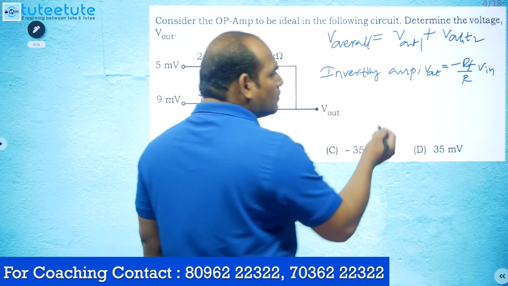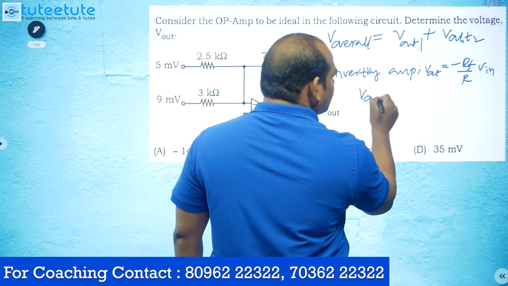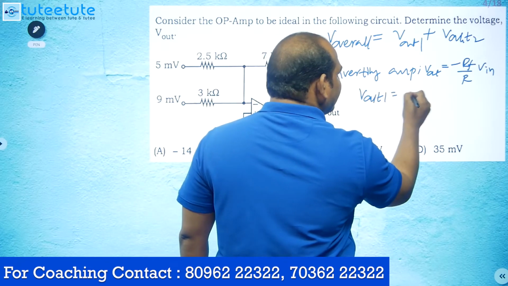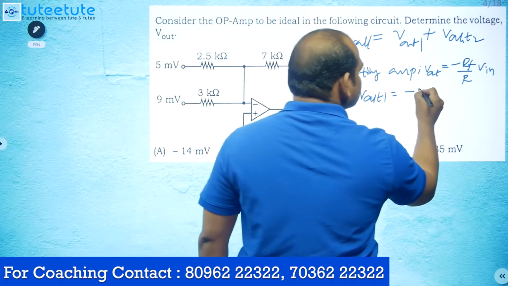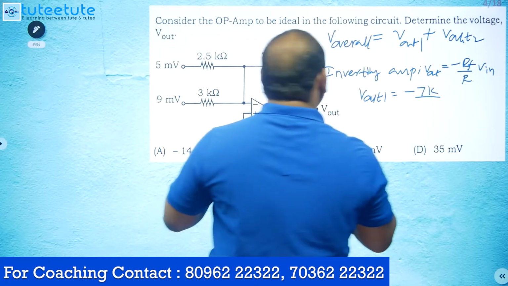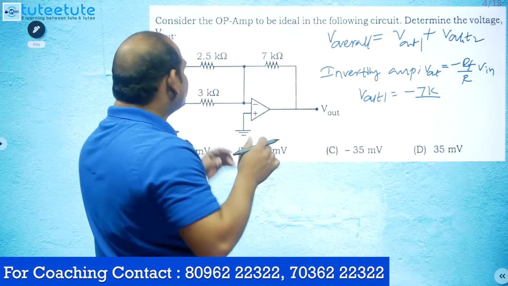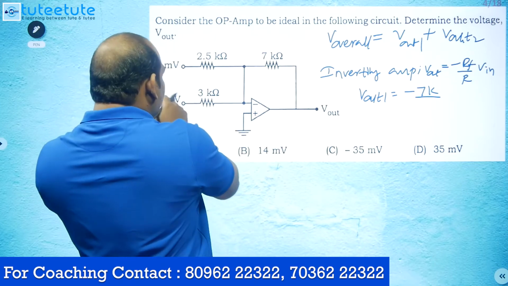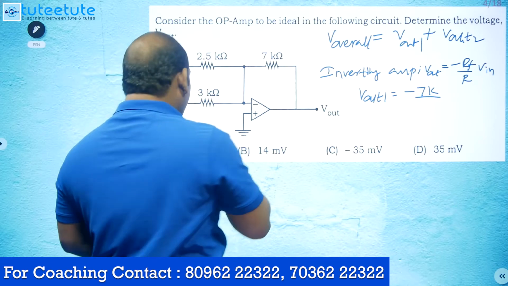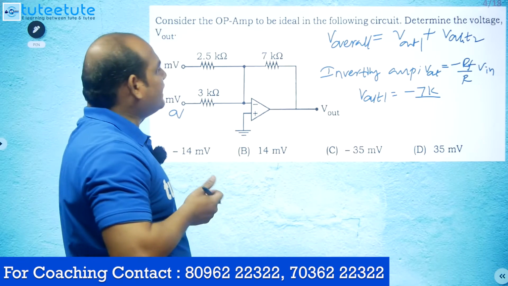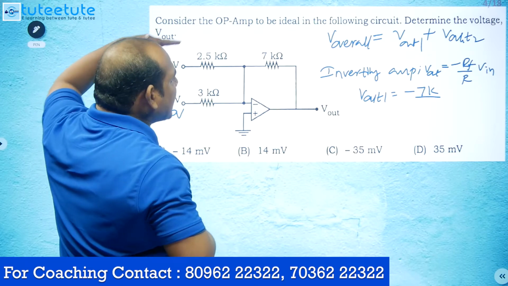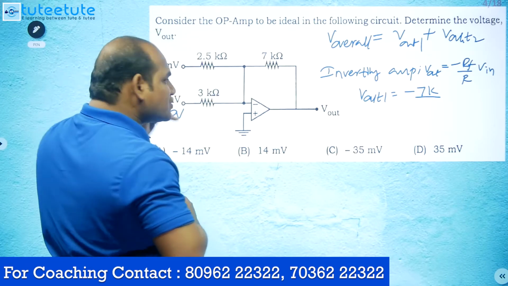Now we can write V out 1 is equal to minus, the feedback resistance is fixed, that is 7 kilo ohm, 7K by R. If you want to find the output voltage due to this 5 millivolts, we have to make the other input 0. You can make the 9 millivolts 0 because we are calculating the individual response. So only this 5 millivolts is acting on the circuit, and this 9 millivolts should be grounded.